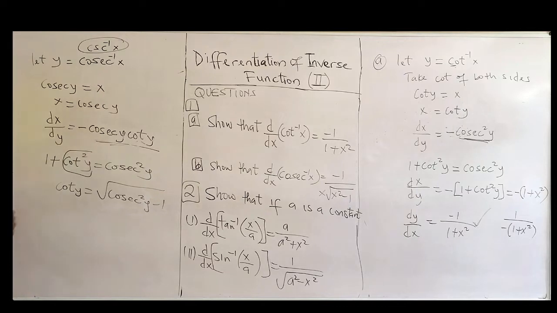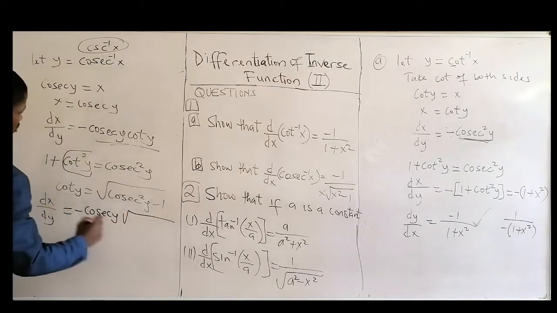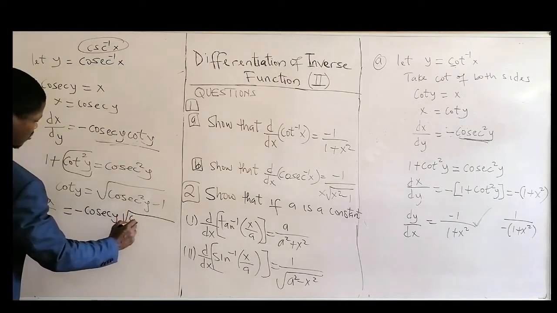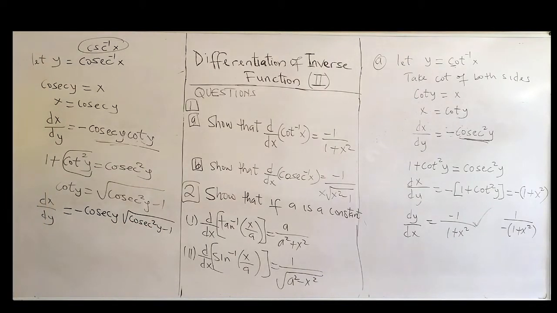So my dx/dy will be equal to minus cosec y times the square root of cosec squared y minus 1. Let's now substitute for cosec y, which is x.